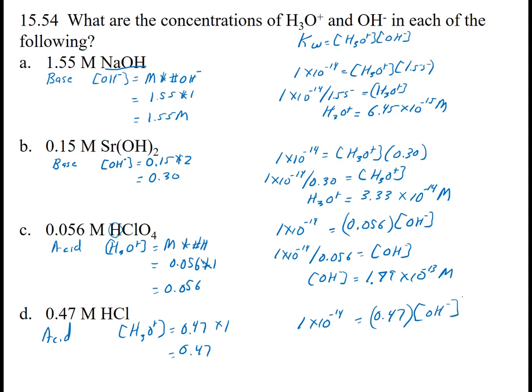Divide both sides by the 0.47, so 1 times 10 to the minus 14th divided by 0.47 to equal the hydroxide ion concentration. And when I did it, I put in an extra 0, so let me redo it. 1e to the minus 14 divided by 0.47 gives me 2.13 times 10 to the minus 14 molar. Okay? And that will be the end of this video.